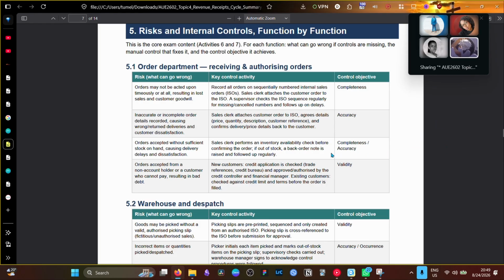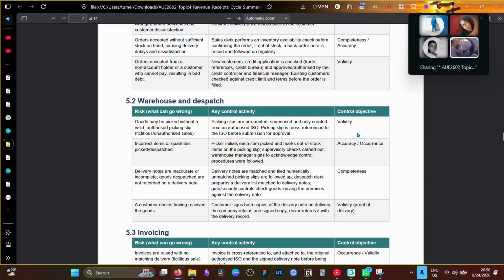Here we have the order department, receiving and authorizing orders. What is the risk? What can go wrong here? Orders may not be acted upon timeously or at all, resulting in lost sales and customer goodwill. So you see how this is important. Which control objective is being violated?